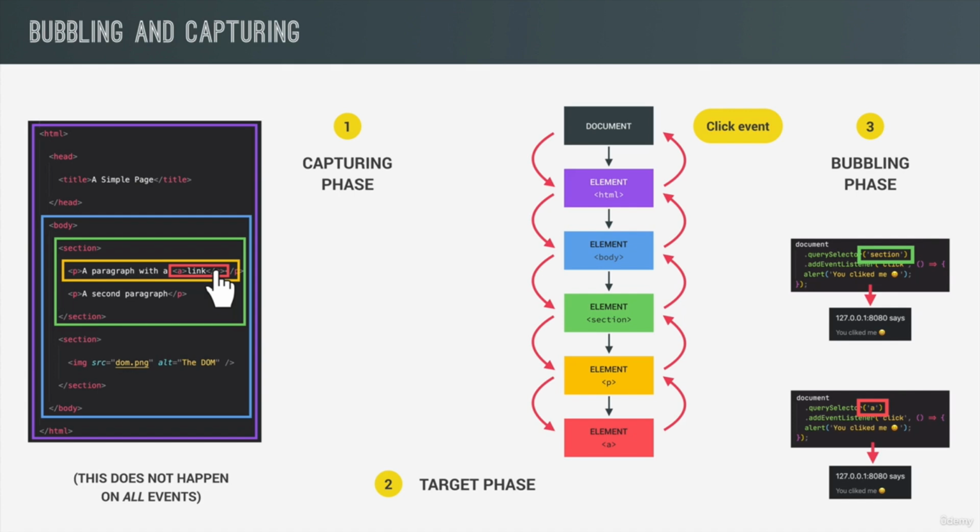But really, most of the events do capture and bubble, as I described here in this lecture. We can also say that events propagate, which is really what capturing and bubbling is. It's events propagating from one place to another. All right, so I hope that all of this made sense, and so let's now actually see this in action in the next video.